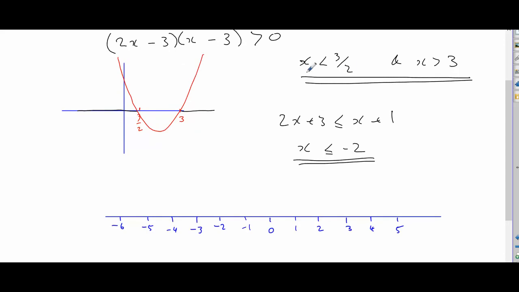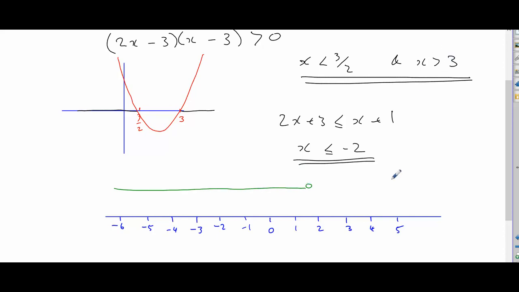the first range, x less than 3 over 2, 3 over 2 is about here. Now we're not including 3 over 2, so that is an open circle. Whoops, that's wrong. So about here, 1.5, and so that range is represented by that.